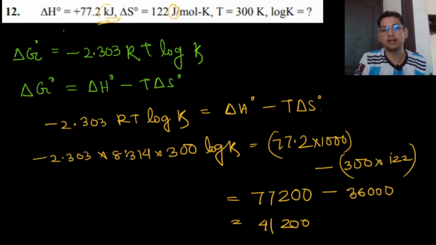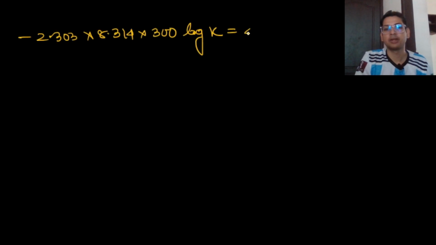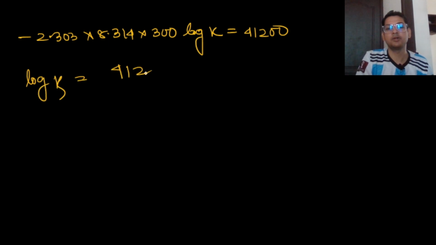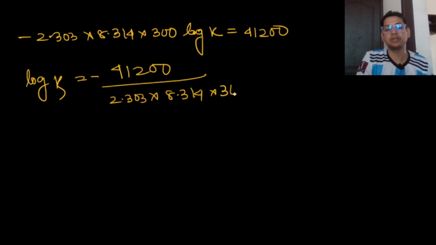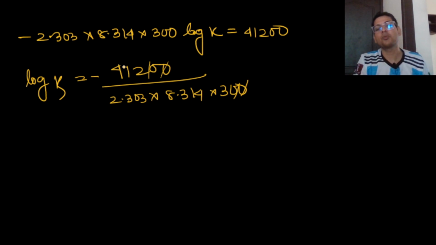I got minus 41200. Then sir, I can write that log K equals 41200 by minus 2.303 into 8.314 into 300. Sir, I can write this like this. Okay, 3 and 412, I can write this as roughly 400.